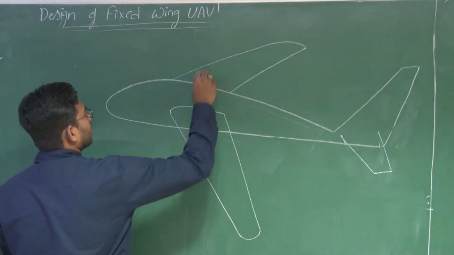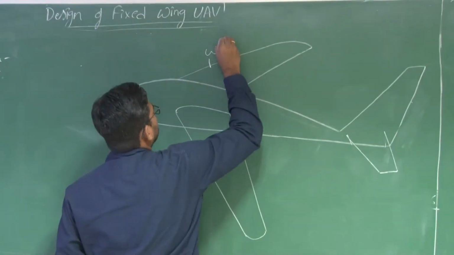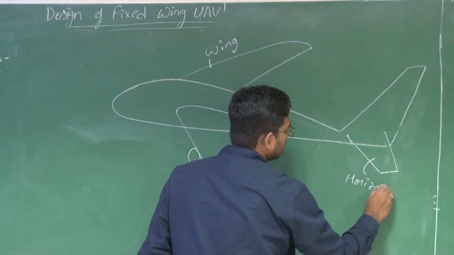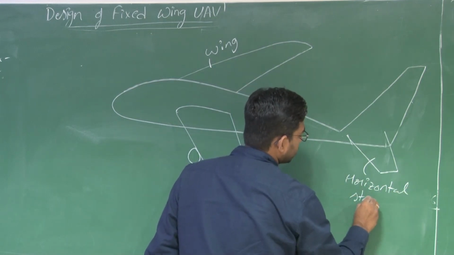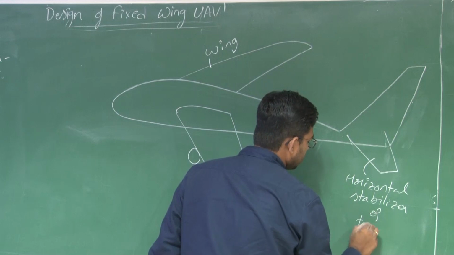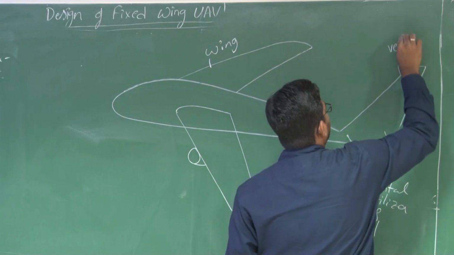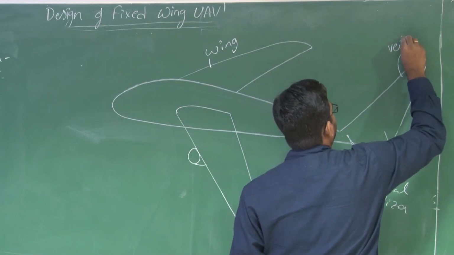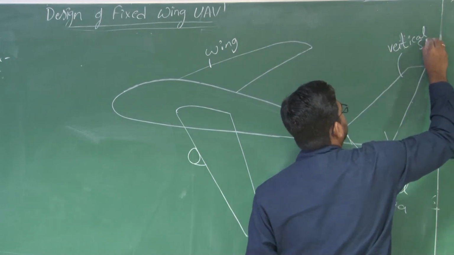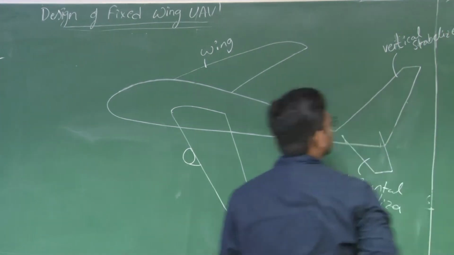Some of the major components are wing, horizontal stabilizer or tail, vertical stabilizer or vertical tail.